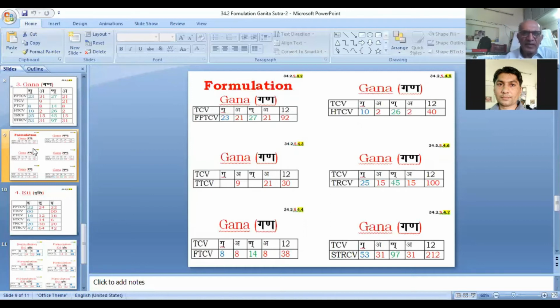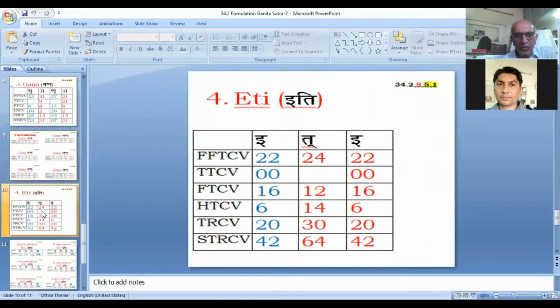The final formulation, the fourth basic formulation, is Eti. The simple rendering of formulation Eti is the final end reach point, final culmination point.